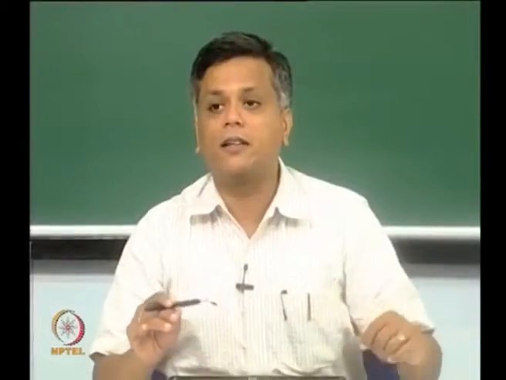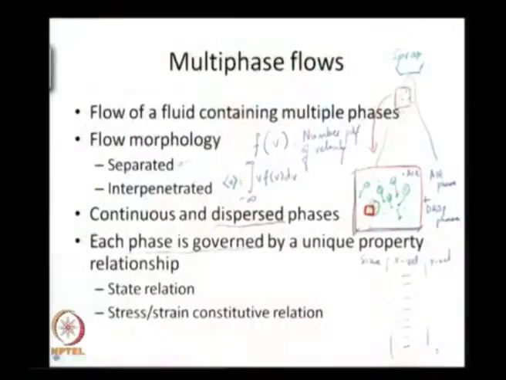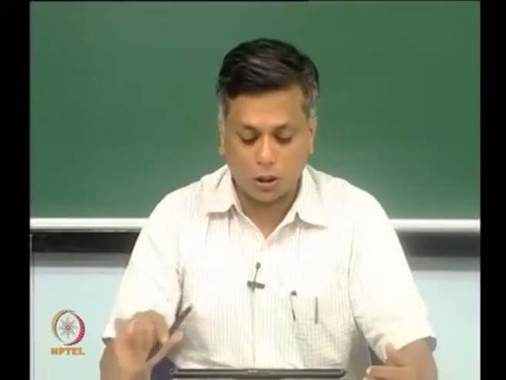We started looking at phase as an entity that is separate from the discrete particles that make up that entity. So, we said each phase is governed by a unique property relationship, either a state relationship or a stress strain rate constitutive relationship.